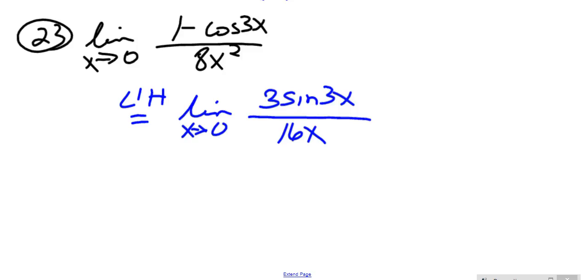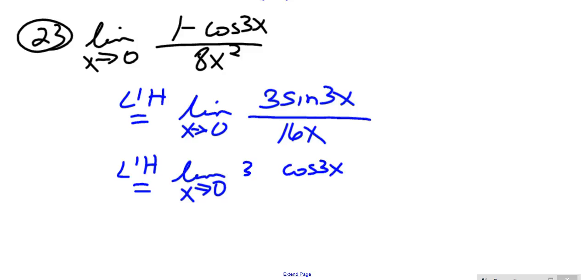So I'm going to have to apply L'Hopital's rule again. It's repeated. So I can do this until I get some values where I can actually find the limit. If I can't, I can't. Then from here, taking this derivative, the derivative of sine 3x is cosine 3x.